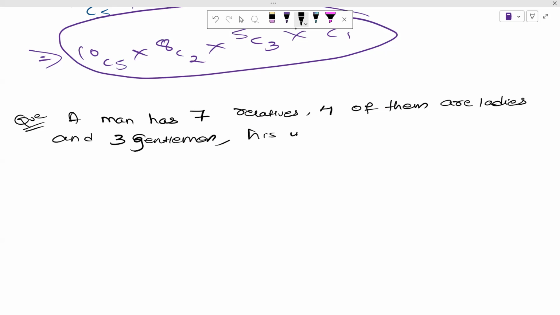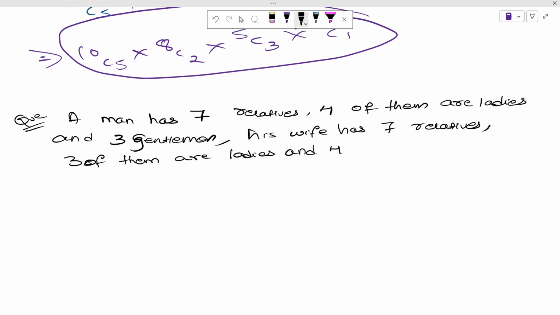And his wife has 7 relatives. 3 of them are ladies and 4 are gentlemen.